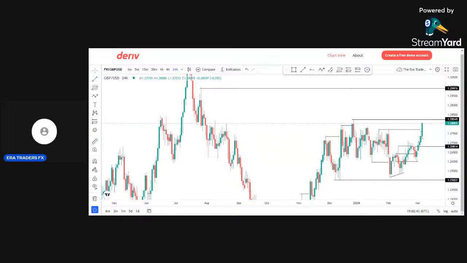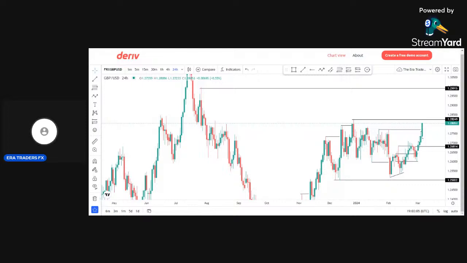After the mitigation block, then we have the breaker block. After the breaker block, then we have the liquidity void, the fair value gap, the other blocks, the rejection blocks, and the old highs and old lows. So these are institutional reference points.